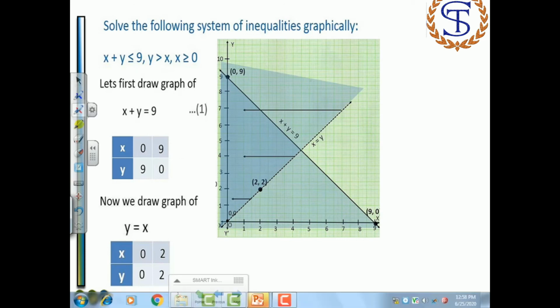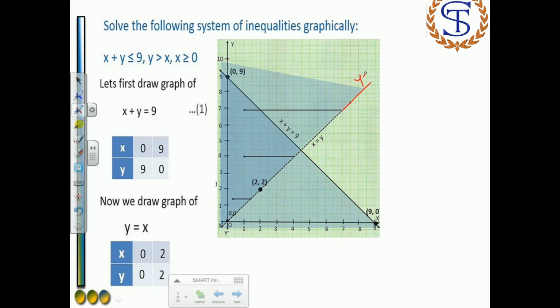Now in this graph of y equal to x, which particular portion do we have to shade? For this inequality, y is greater than x, here we have drawn the graph of y equal to x. Which portion do we have to shade to satisfy this inequality? Again, consider any point, let it be this one. Here x equal to 0 and y equal to 5.